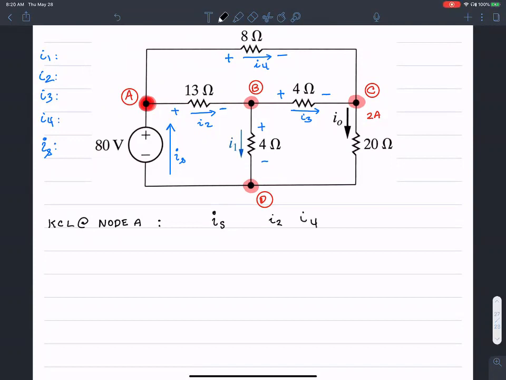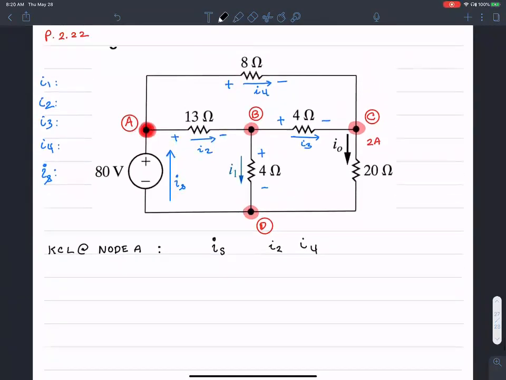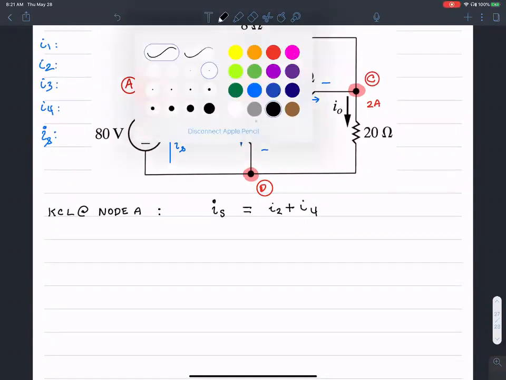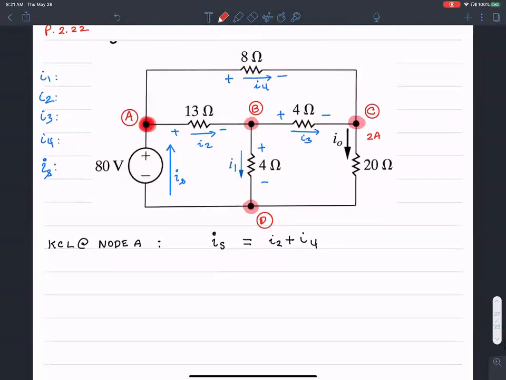So an easy implementation of KCL is to sum all the currents coming into the node and all the currents leaving the node. As you can see, I4 is leaving the node, I1 is leaving that particular node.